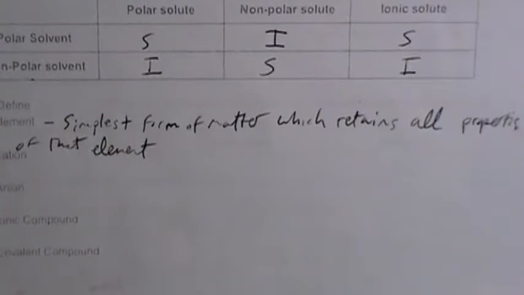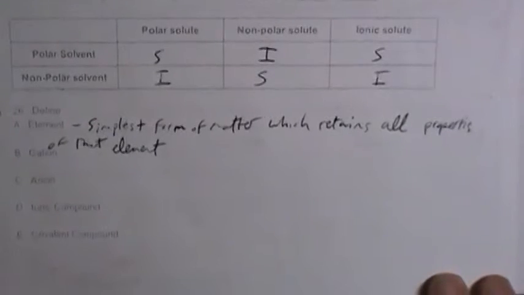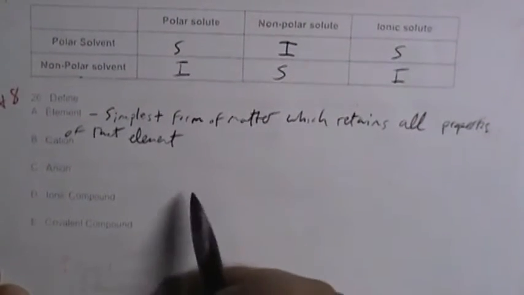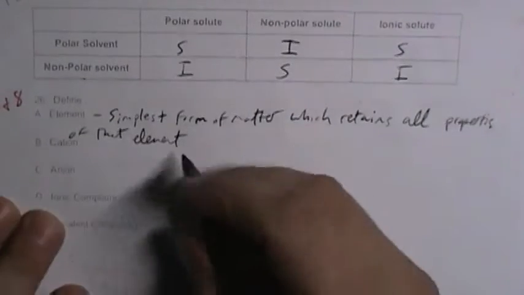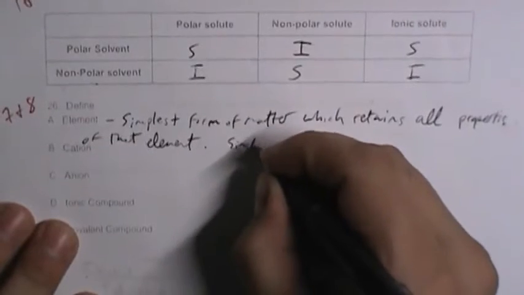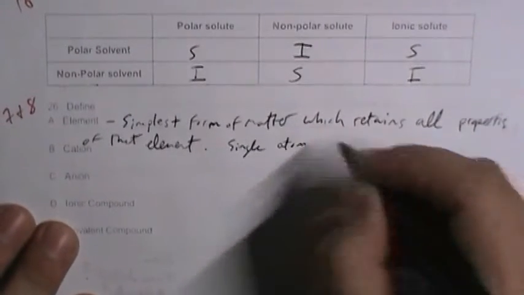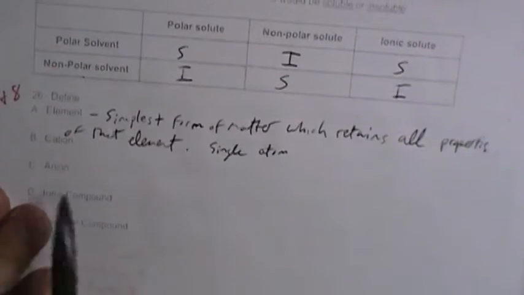There we go. Zoom out a little bit. You could divide that block of gold up until you reached the atomic level, and that would be your element. Okay? Single atom. Type of atom. It's obviously not just one atom of gold in the universe.